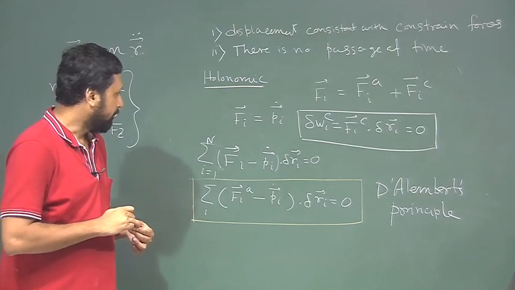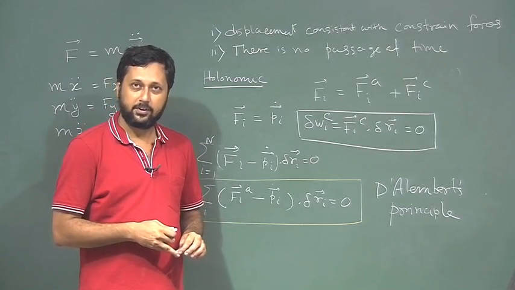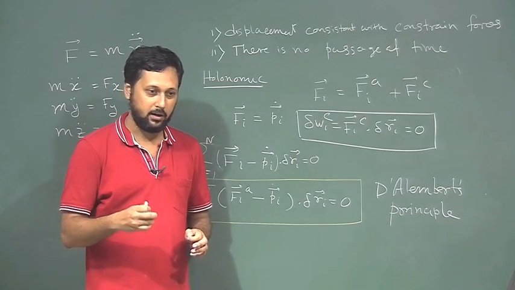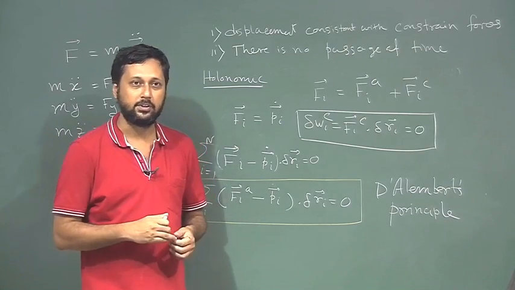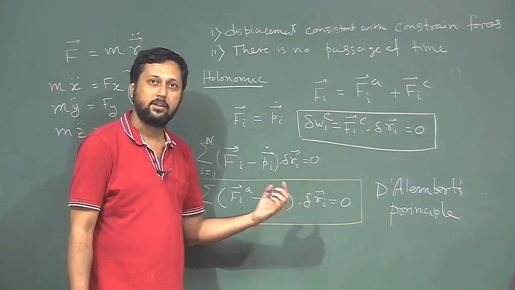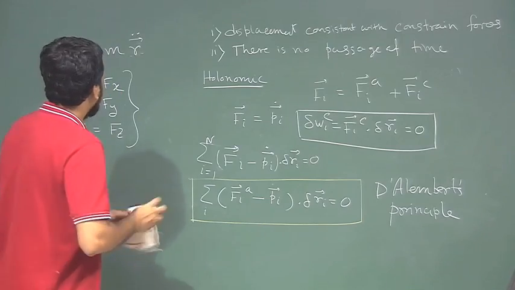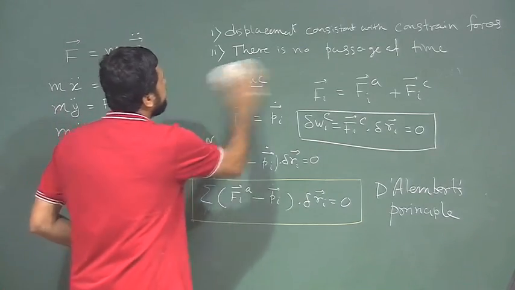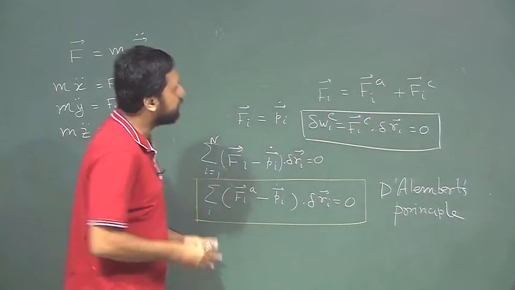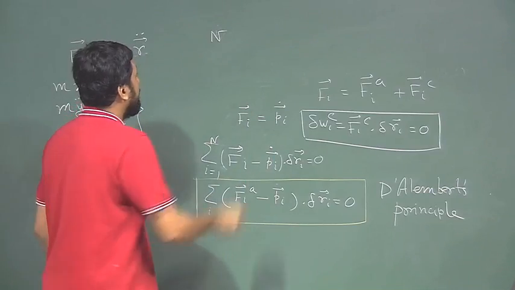Why not? Because although we have removed the forces of constraint, we are still working with the number of coordinates required to describe the whole system. Let me elaborate. Assuming that we have an n particle system, how many coordinates do we need?